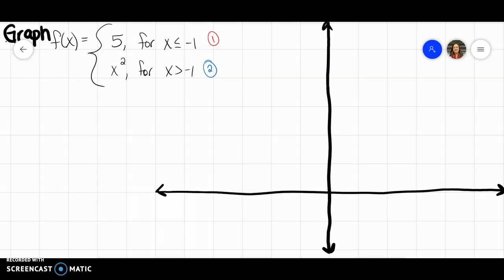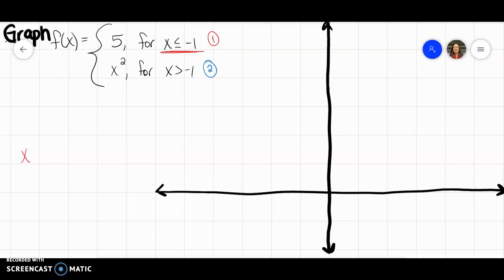And what I have for number one here in red is saying for all my x values that are less than or equal to -1, that's my domain. That's saying when your x values or your domain is less than or equal to -1, your output will be 5, or your range will be 5.